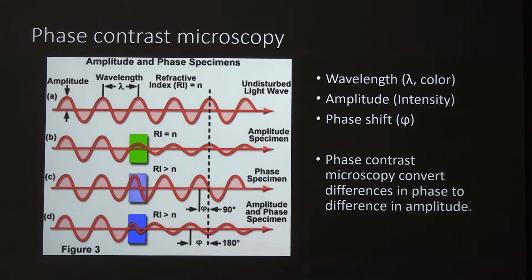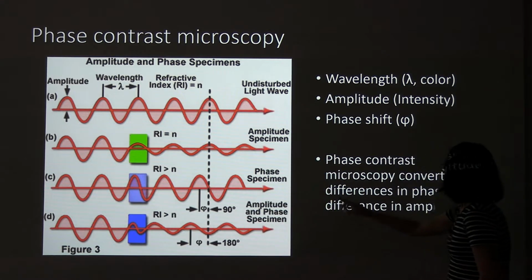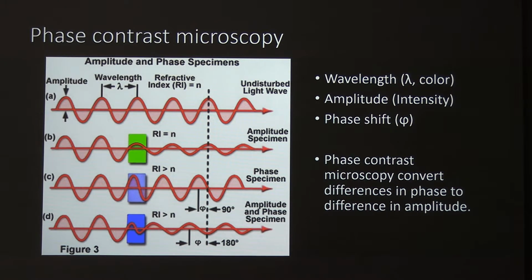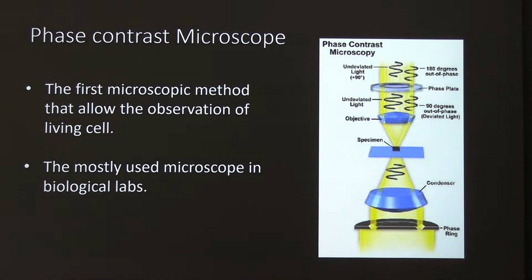So what is the principle of the phase contrast microscope? It is actually to try to convert the differences in phase into the differences in the amplitude of the light. So here shows you the phase contrast microscope, and here's the light path of this type of microscope.